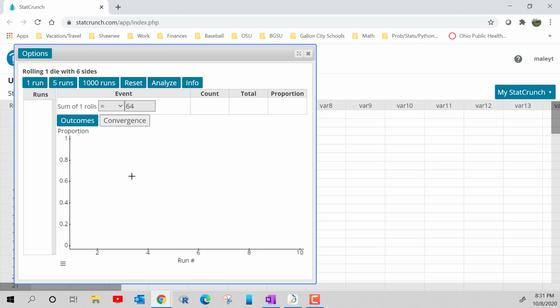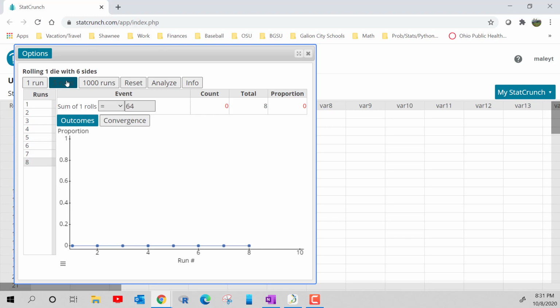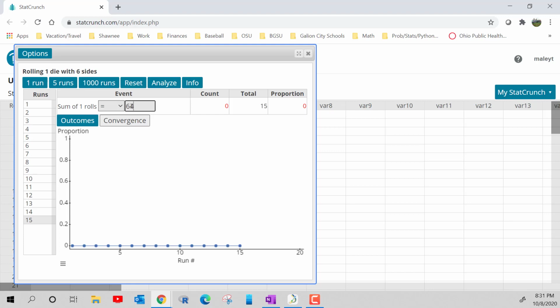So now we're going to run 5 runs. We're going to click it 4 times to roll 20 times. So I'll click it once, twice, 3 times. Oops, hang on, this says equals 64, that should just be 4.